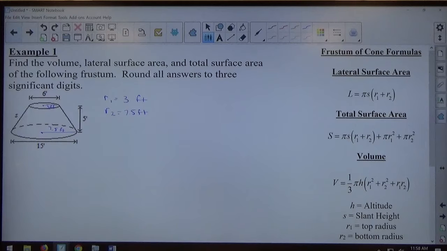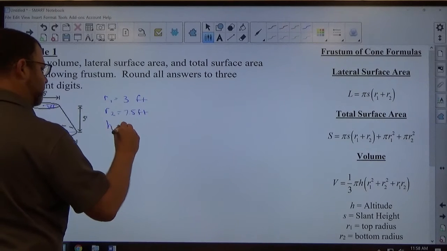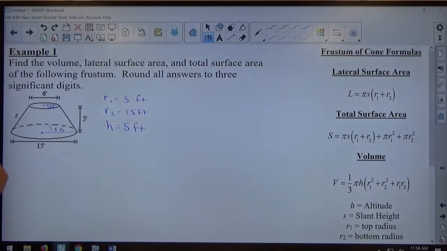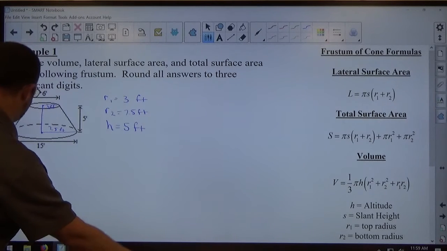All right. So the vertical height, straight up and down, of course, is 5 feet. And notice they don't tell us the slant height. But I need to establish what it is based on the Pythagorean theorem. And this one's a little bit trickier than the ones we did yesterday, because the other ones had a right triangle sitting there. Let me just do a little drawing here.